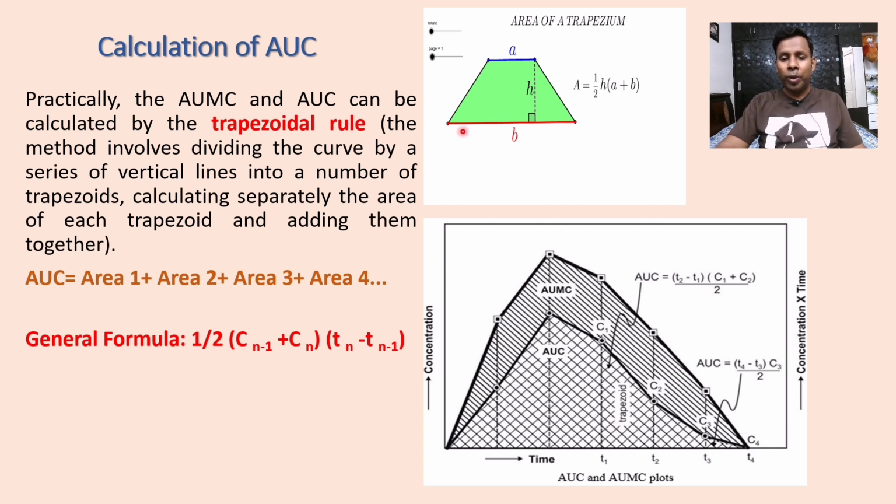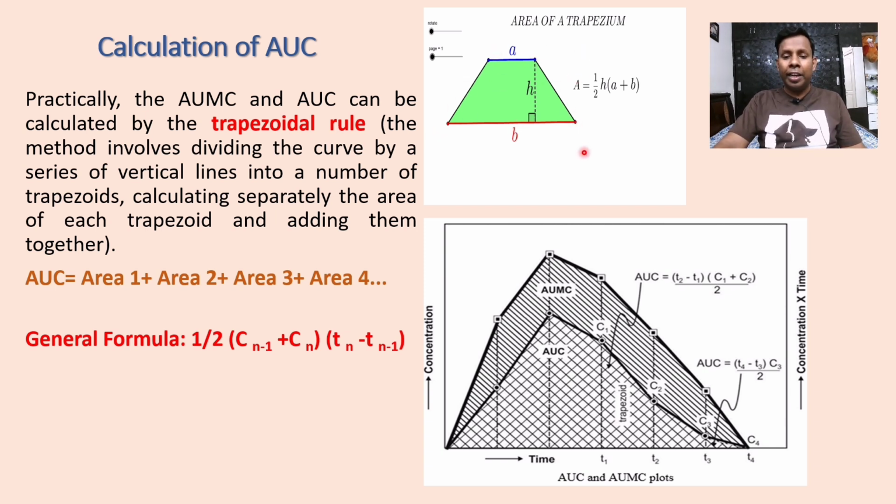In the case of a square, all sides are parallel in pairs. These two are parallel, these two are parallel. Similarly, in the case of a rectangle, these two lines are parallel, these two lines are parallel. But in the case of a trapezoid, only two sides are parallel to each other. These two sides are not parallel to each other.